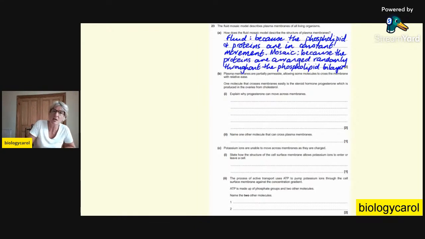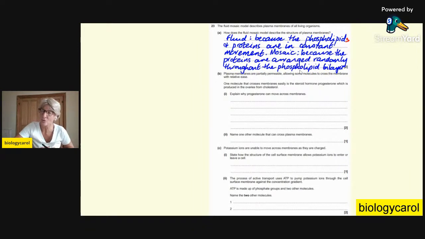So here is my answer. Fluid, because the phospholipid bilayer, I've meant to write bilayer in here, phospholipids, let's just say phospholipids and proteins are in constant movement. They're dynamic, it's constantly moving. And it's called mosaic because the proteins are arranged randomly throughout the phospholipid bilayer.